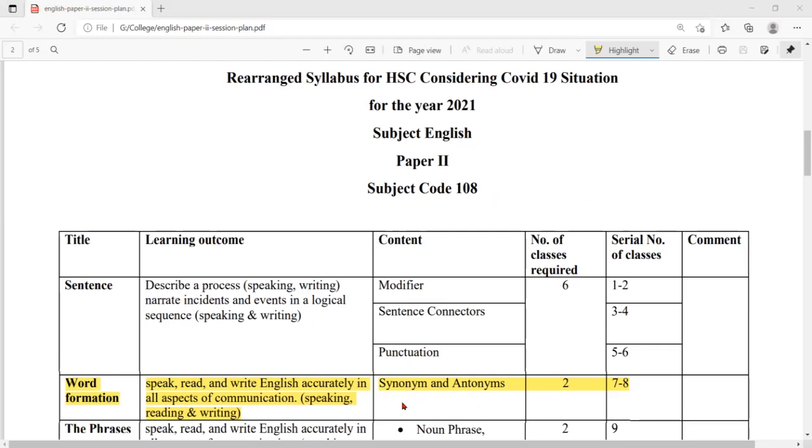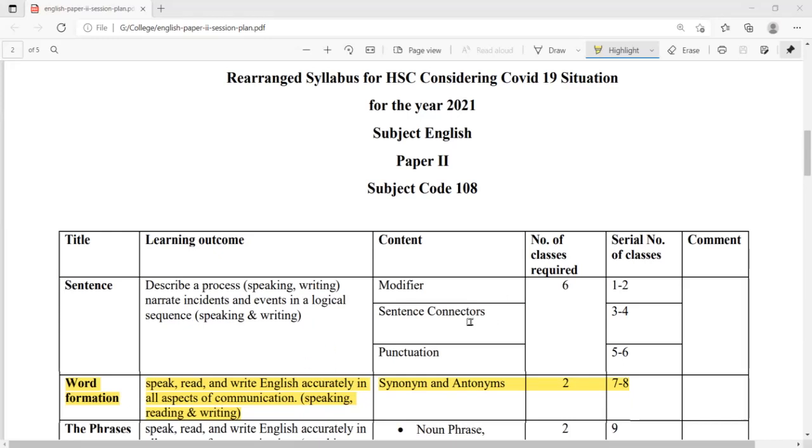I hope you have already seen your short syllabus, that though you have 12 different grammatical items in your second paper, the syllabus has been made short. Some topics have been minused from the syllabus.